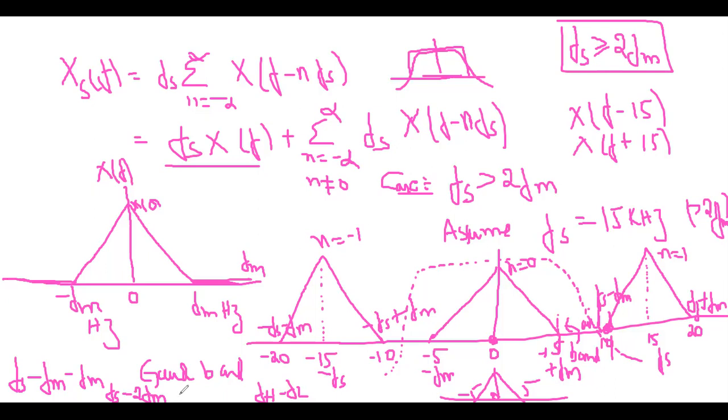And the second condition we have is FS equal to 2 FM. Now we are taking the first case as FS greater than 2 FM, and the second condition as FS equal to 2 FM.